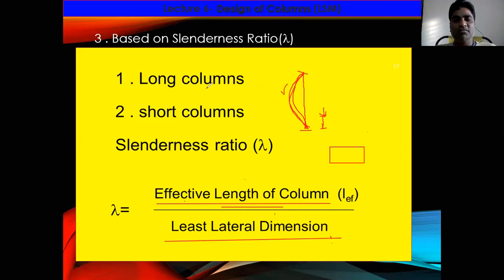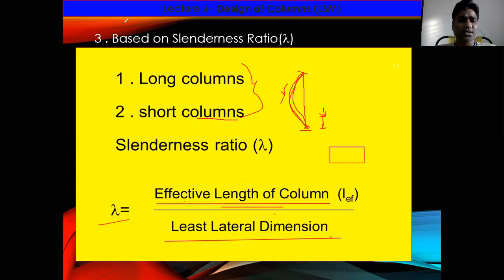So the long column fails due to buckling and the short column fails due to crushing. That is why before design you need to know the type of the column based on the slenderness ratio, whether it is a long column or short column. This is a very important parameter you need to remember while designing the column.